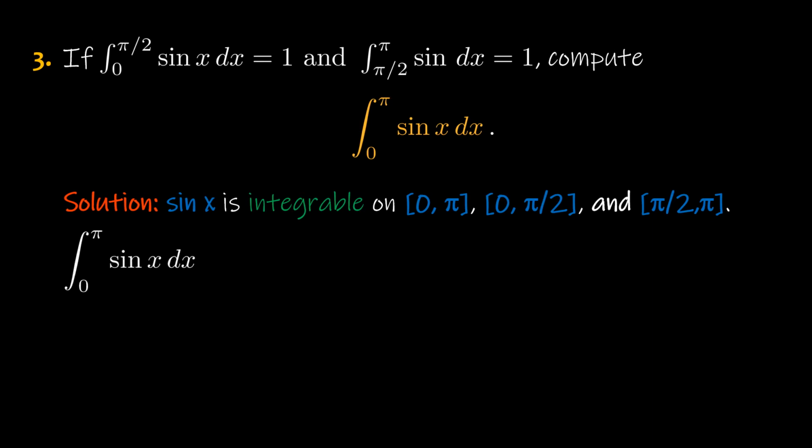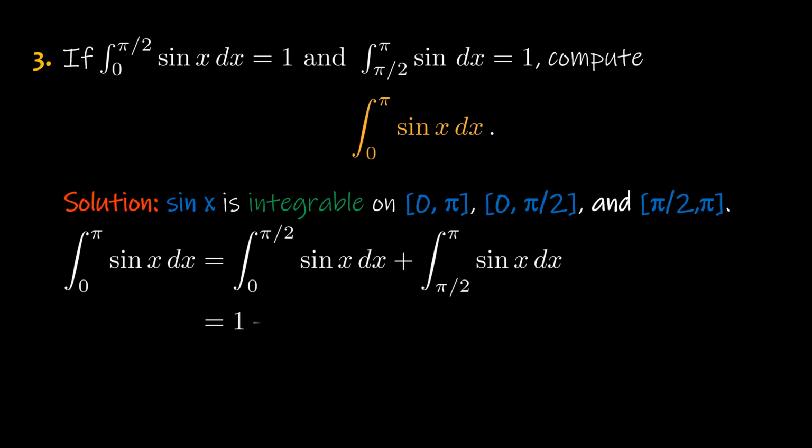The definite integral can be computed using the additive interval property. Substitute the given definite integrals. Therefore, the integral of the sine of x dx, from 0 to pi, is equal to 2.